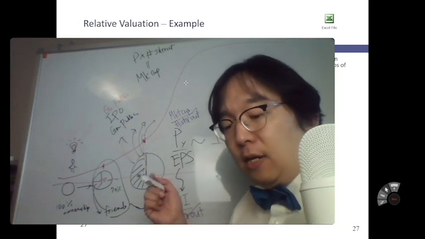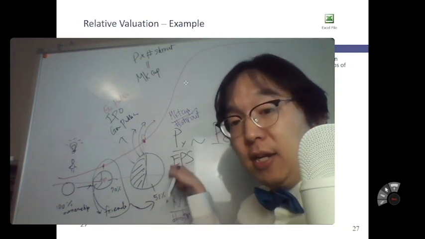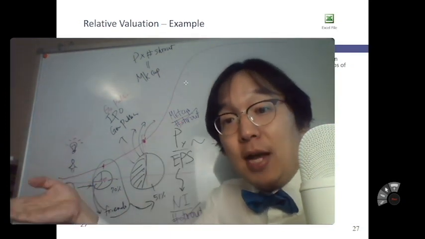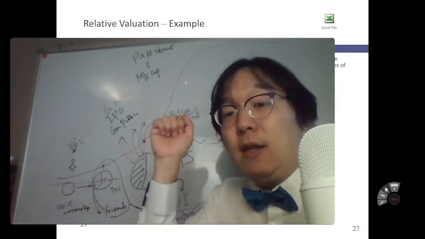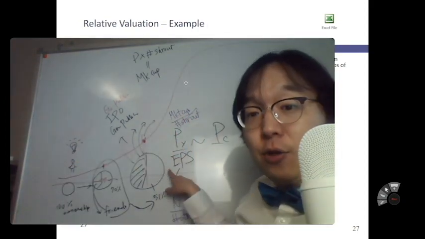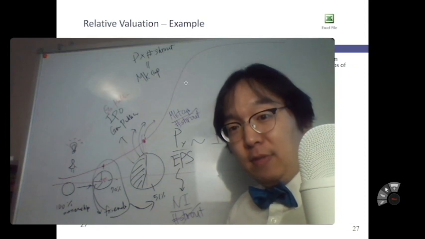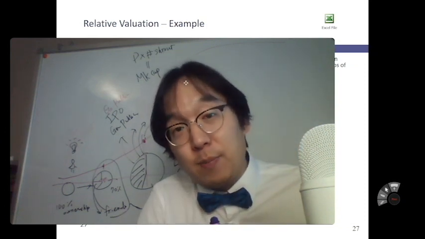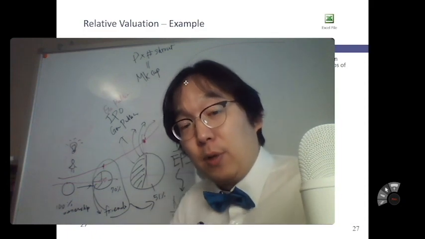The idea of this ratio is how much the investors in the market are willing to pay for your stock for each dollar of net income. For each dollar of net income, how much are the investors in the market willing to pay for your company?